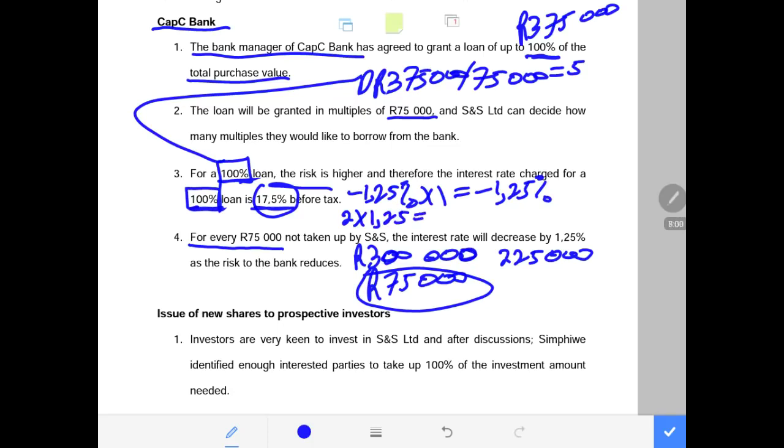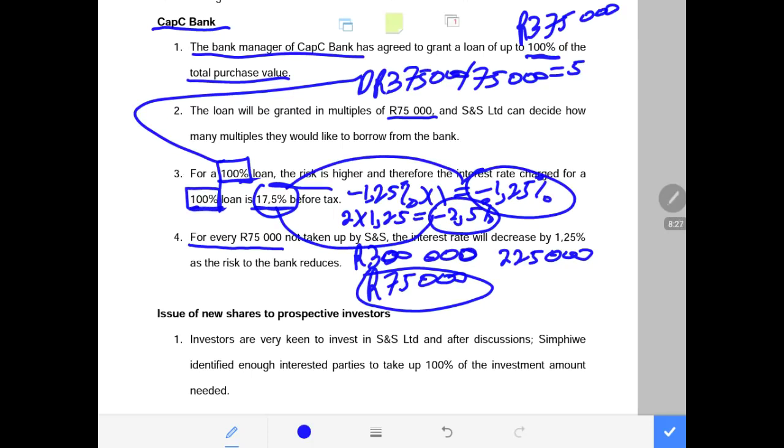And if we say 2 times that by 1.25, it will give us the amount by which the loan in the bank will be decreasing. And 2 times by 1.25% will be minus 2.5%. So now this will be the percentage that will be reducing the loan.